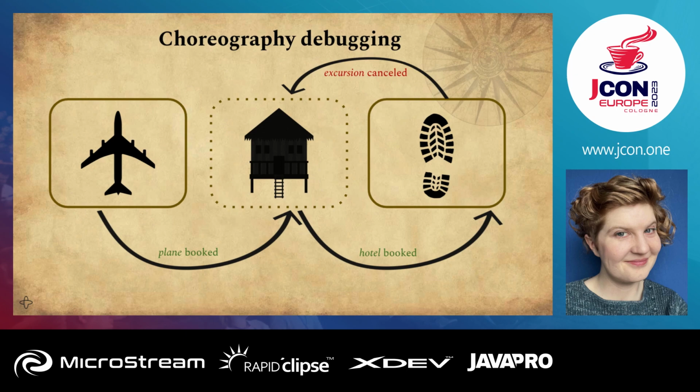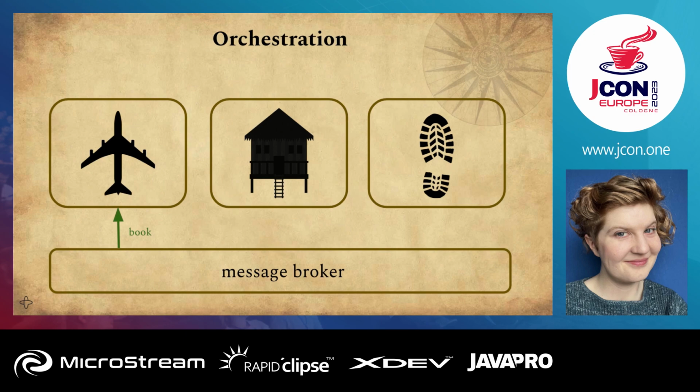No one. Tracking or tracing the sequence of events and debugging can be difficult as well. So generally, only for the most simple of cases, and even in this case it can be difficult, is it recommended to use choreography. But it can be simpler to implement.